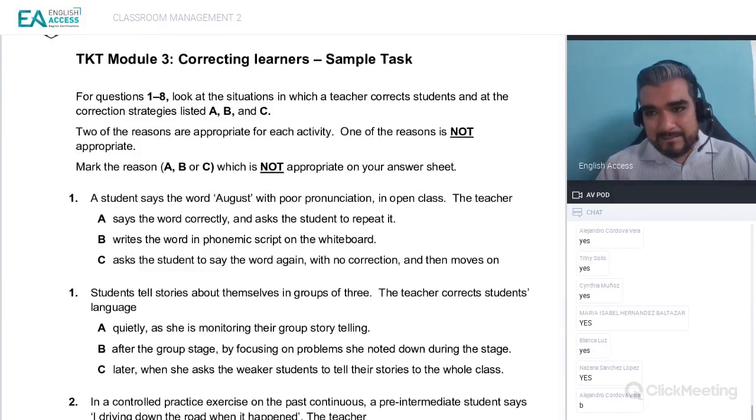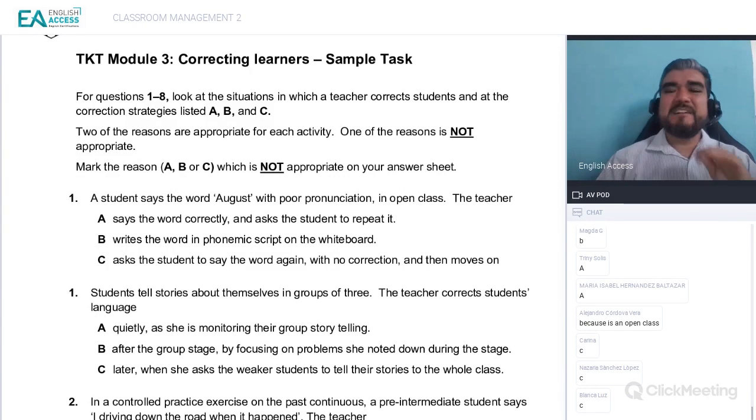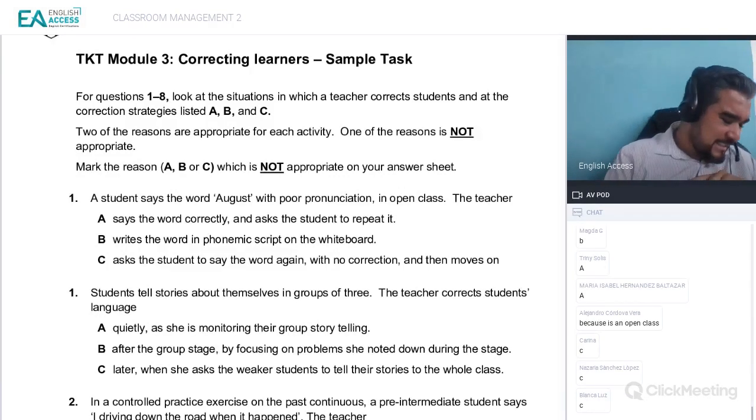Which is not appropriate? Okay. Oh my goodness, many different ideas.